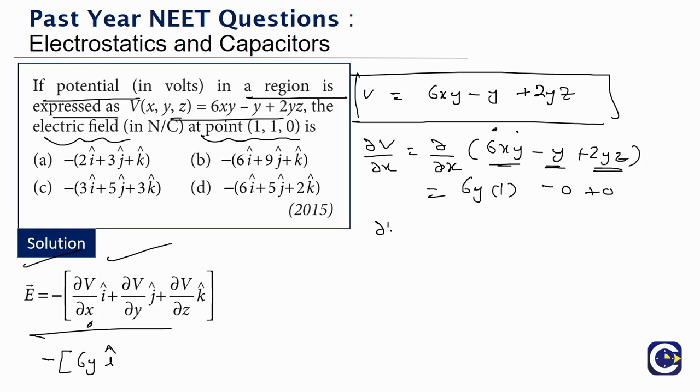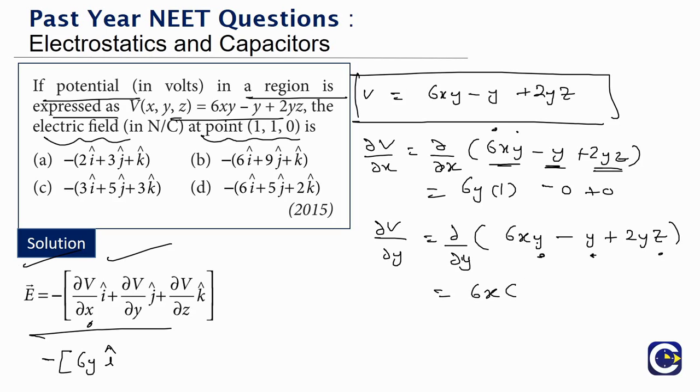Next we look at dou v by dou y. We have to take the partial derivative of the same function, 6xy minus y plus 2yz. Here y is there in the first term, the second term, and the third term. Look at the first term: 6x is like a constant, and the derivative of y with respect to y is 1.